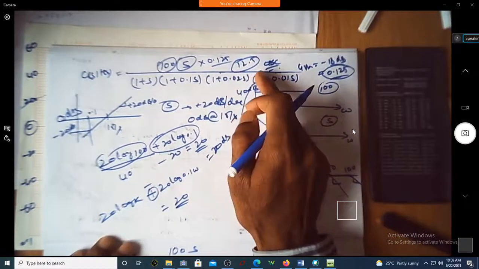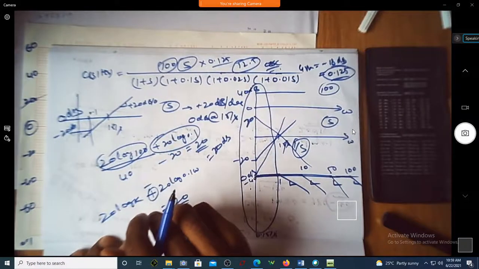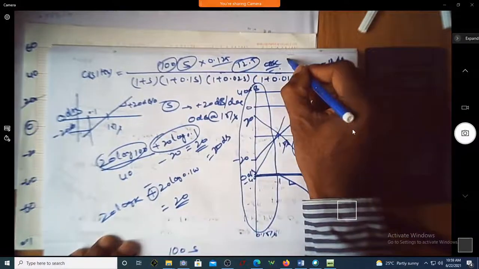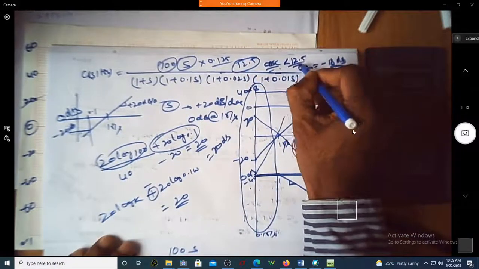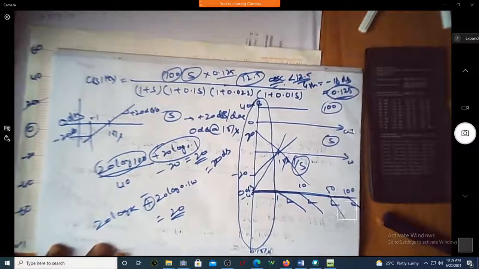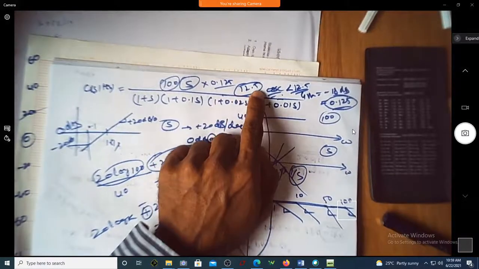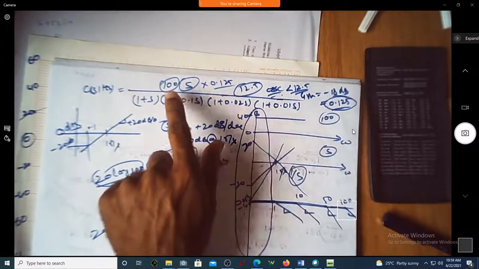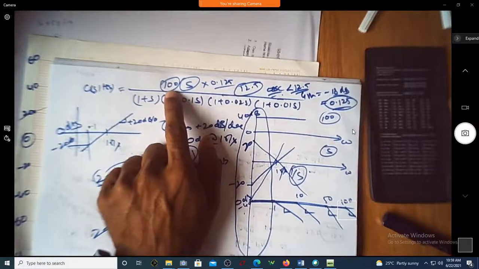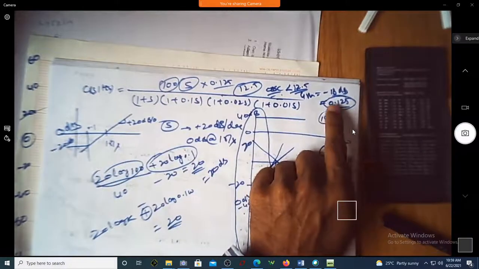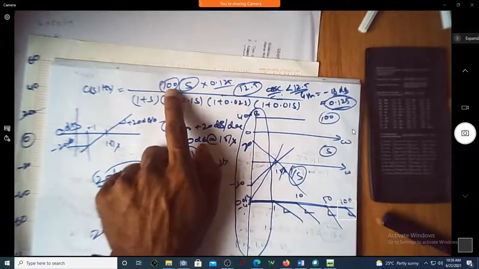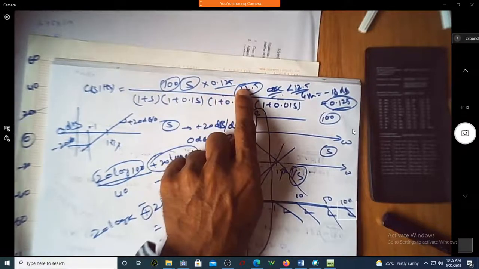How do you make it stable? The gain has to be less than 12.5, then only system is stable. How did you get to know this 12.5? Because that was your gain margin at 100. When K was 100, you had a gain margin of minus 18 dB. If the gain becomes 12.5, then what is gain margin?